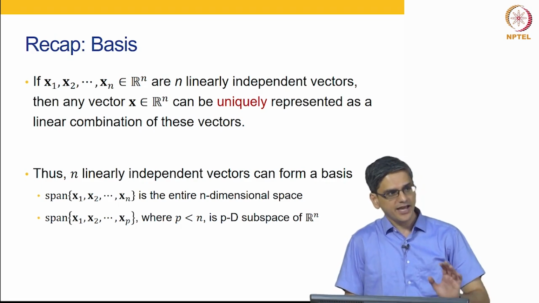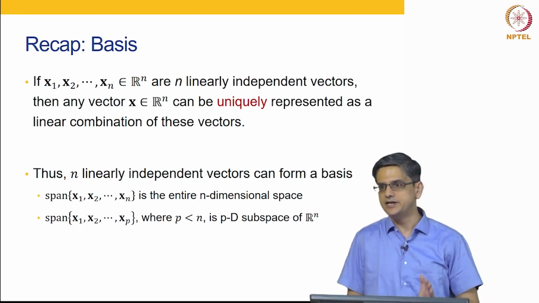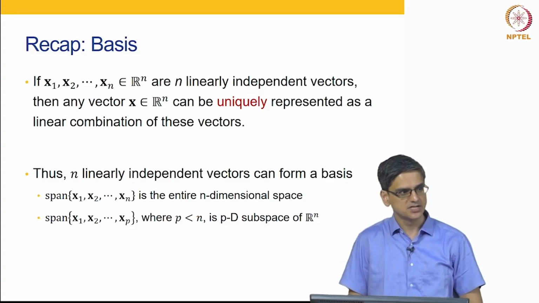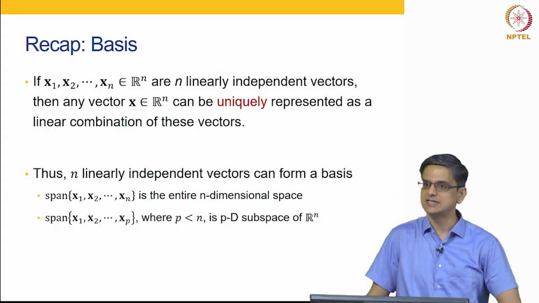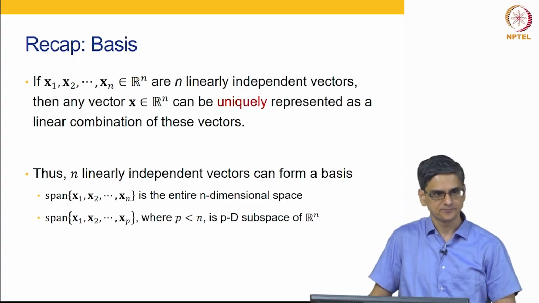If there are n linearly independent vectors in an n dimensional space, then they can uniquely represent any vector in that space. Why can they do that?